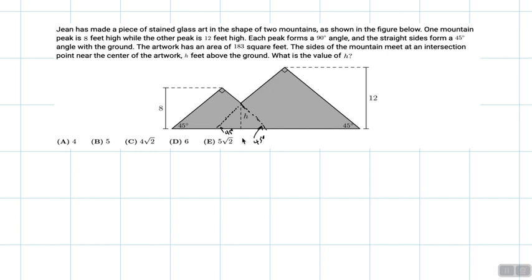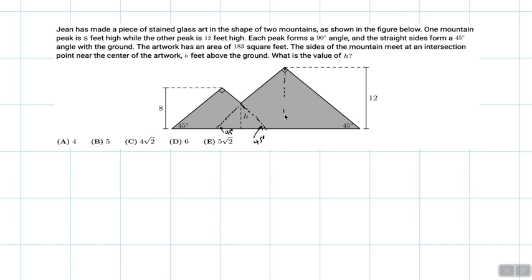So we then know, if the height is 8, perhaps we can find one of these sides here.